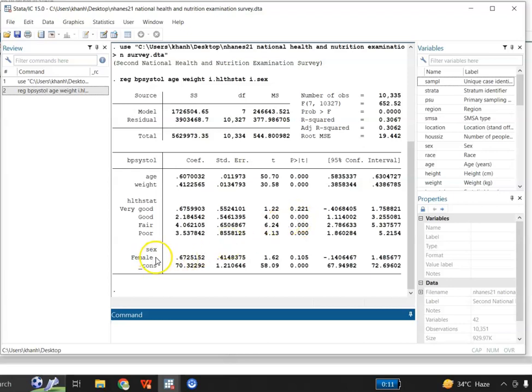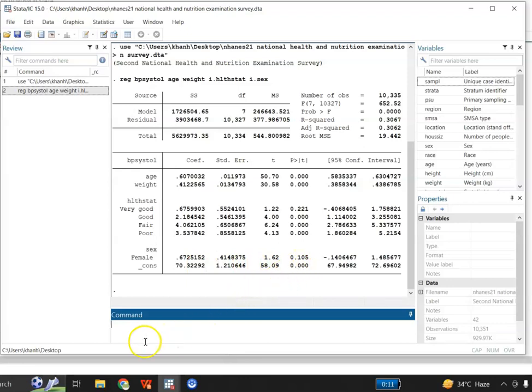And finally, this is the sex variable for which female is equal to 1, but this variable is not significant. Male has been taken as the base category, and the last one is the constant of the model, it is significant.